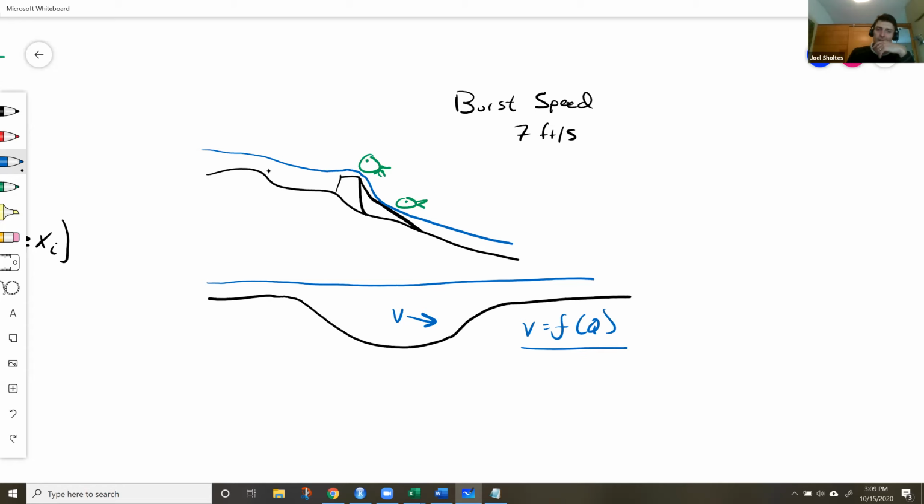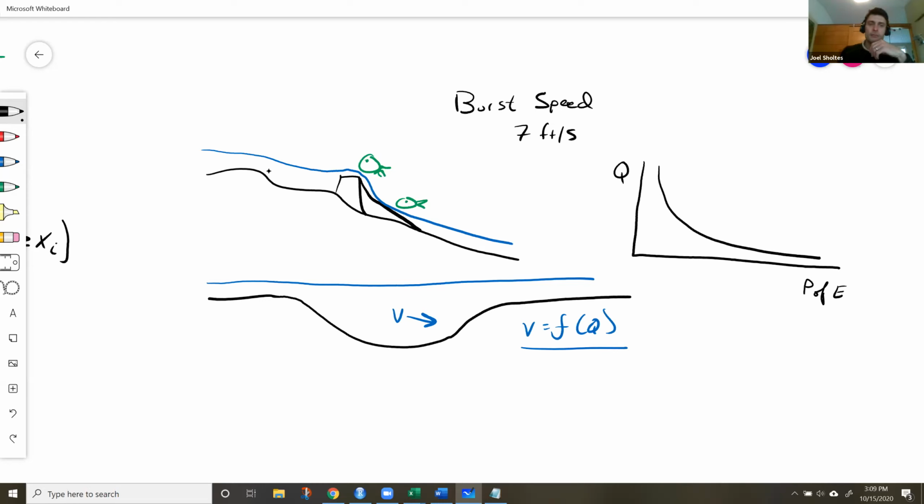So if I've got this function, velocity as a function of discharge, and then I have a flow duration curve that has discharge and probability of exceedance, then I can figure out the probability and also the time window that the fish would be able to swim up over this rock ramp fish passage structure over a diversion weir.